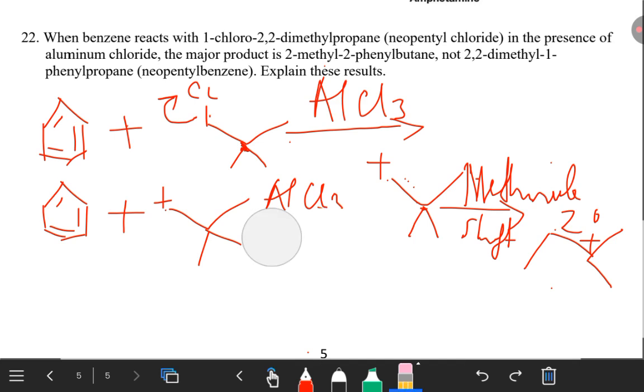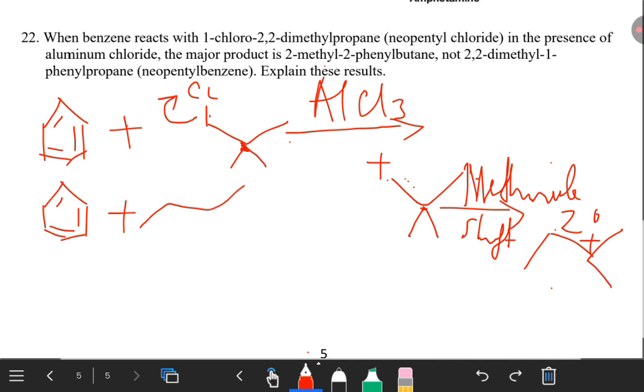Okay, so let's now do this. We have this group with a carbocation at that point. This double bond now can attack this carbocation. Once that occurs, this is what you're going to have.